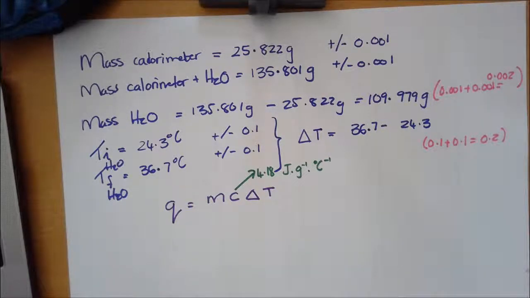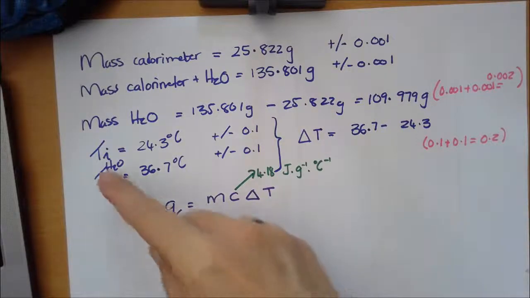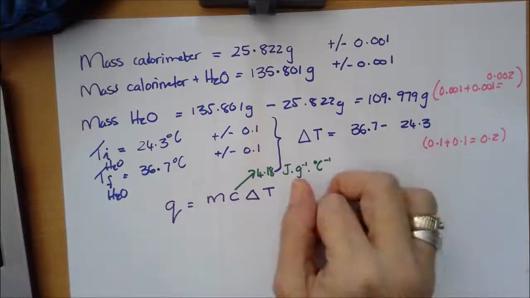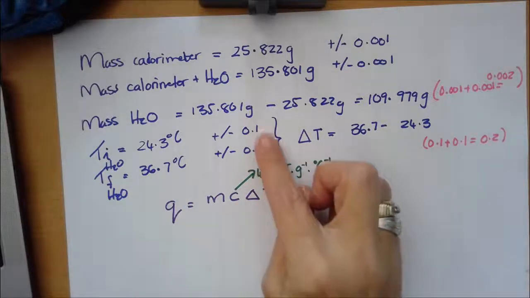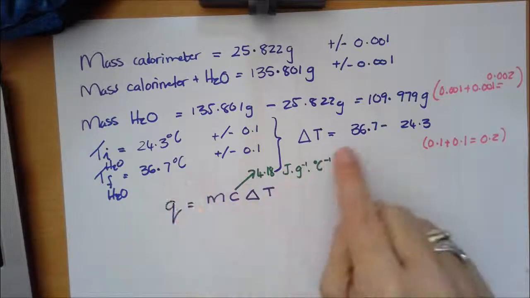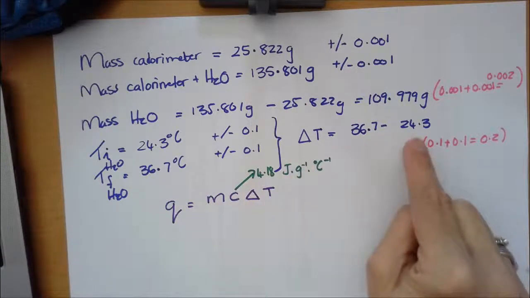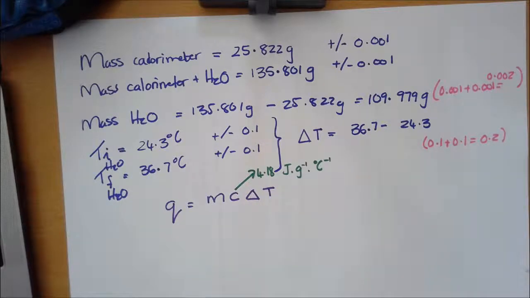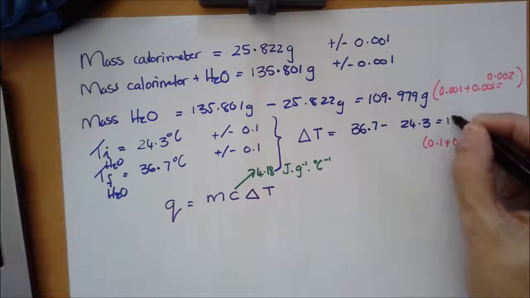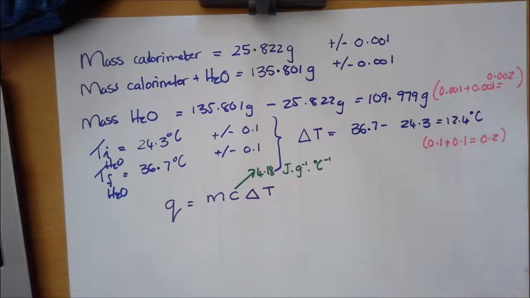I do the same for temperature. We got our initial temperature and we got our final temperature. I used the normal thermometer. Those were my uncertainties. To get my temperature change, I will take my final temperature minus my initial temperature, and I will get an answer of 12.4 degrees Celsius.